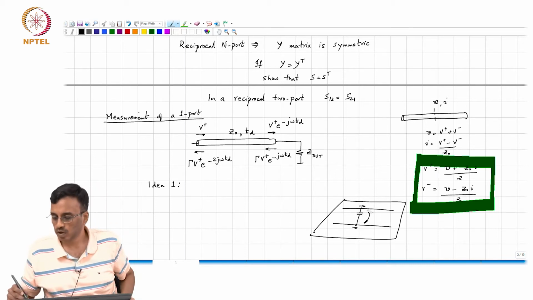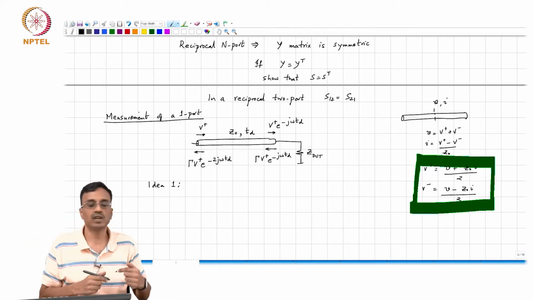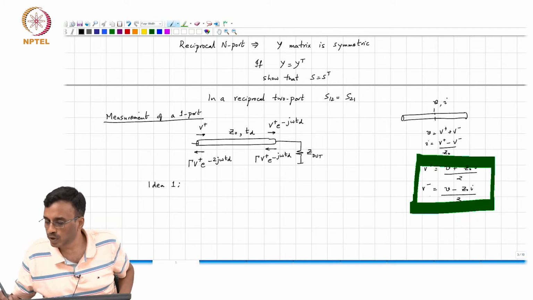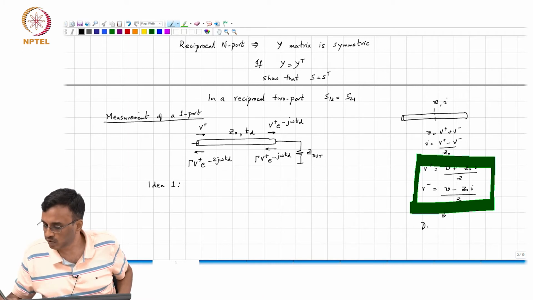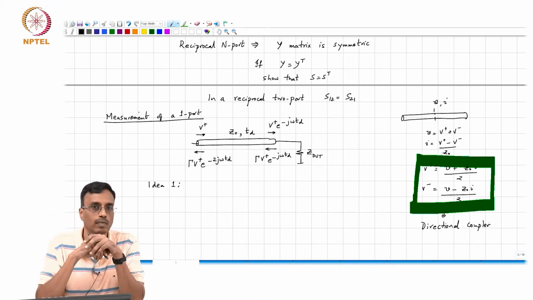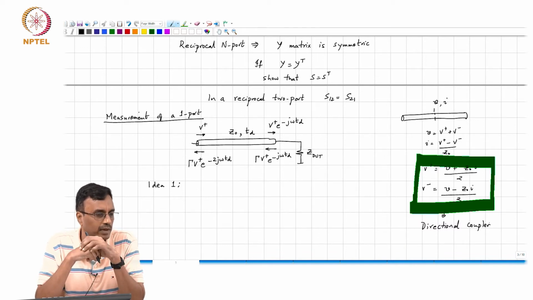Eventually they use the coupled voltage and the coupled current to compute V plus and V minus, and the contraption used to do it is what is called a directional coupler. A directional coupler is basically a contraption you can use to figure out what the forward going wave is and what the backward going wave is.